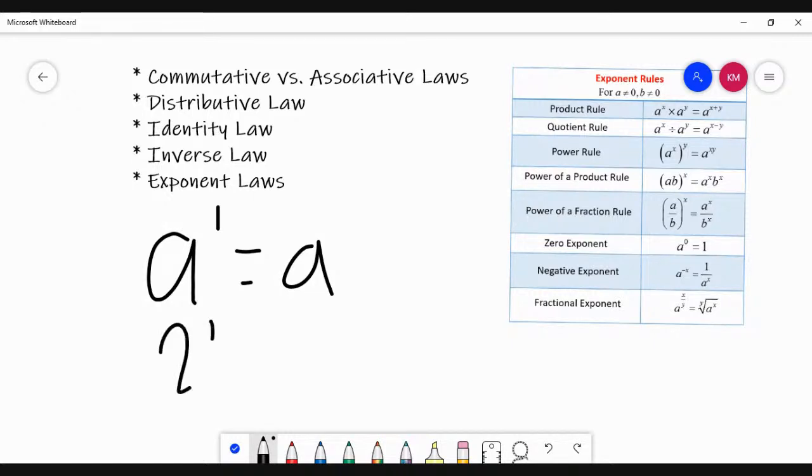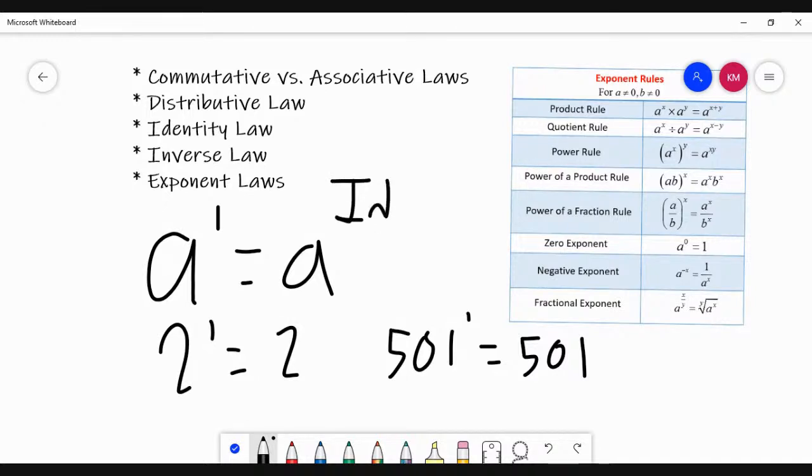So if I say 2 to the first, that equals 2. If I say 501 to the first, that will still be 501. And that is the identity rule for exponents.